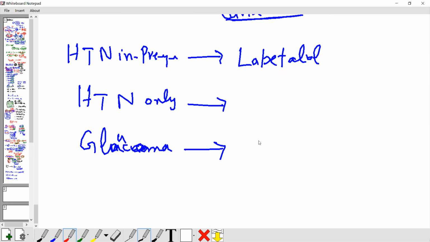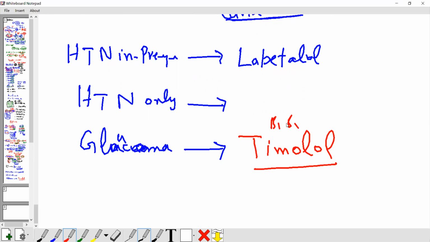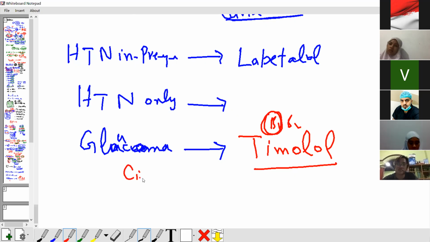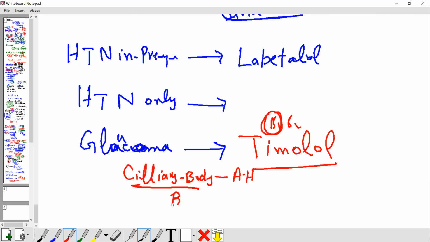For glaucoma, we have one drug that is used only for glaucoma: timolol. Selective or non-selective? Non-selective, because after M, it has beta 1 and beta 2 action. If you remember, the ciliary body produces aqueous humor, and the ciliary body has beta 1 receptors.